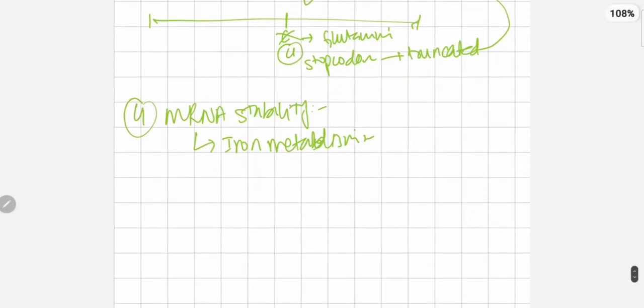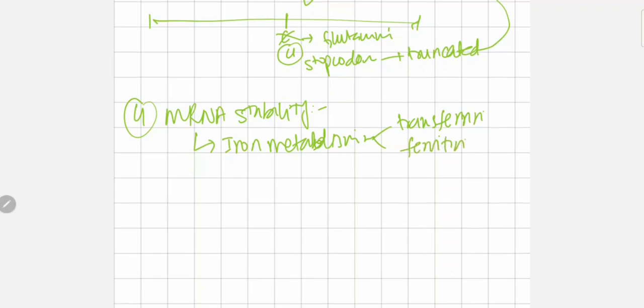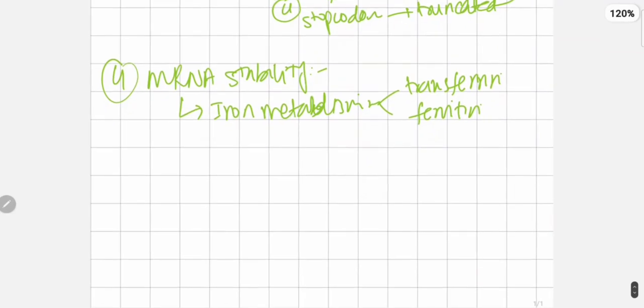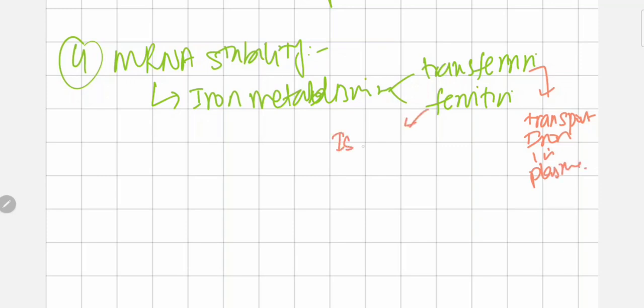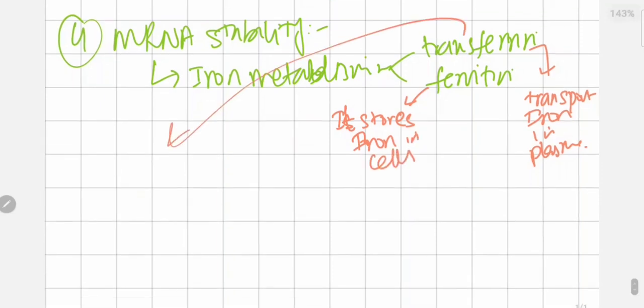In iron metabolism, we have two proteins that we're going to talk about: transferrin and ferritin. Transferrin transports or carries iron in plasma, so it is in the blood, and ferritin stores iron in cells.